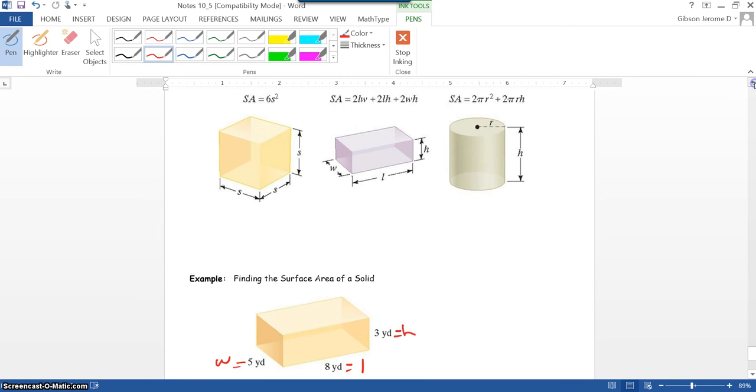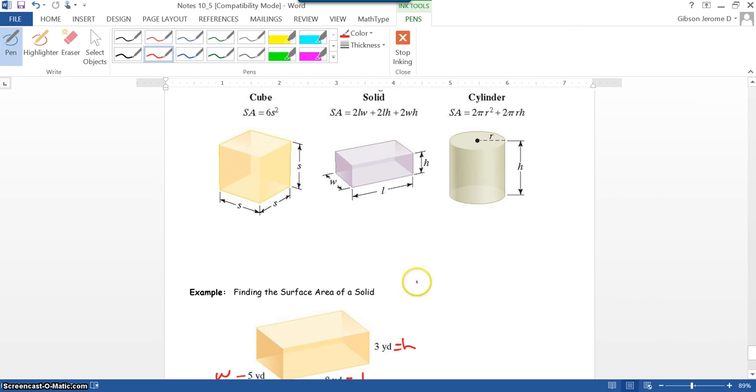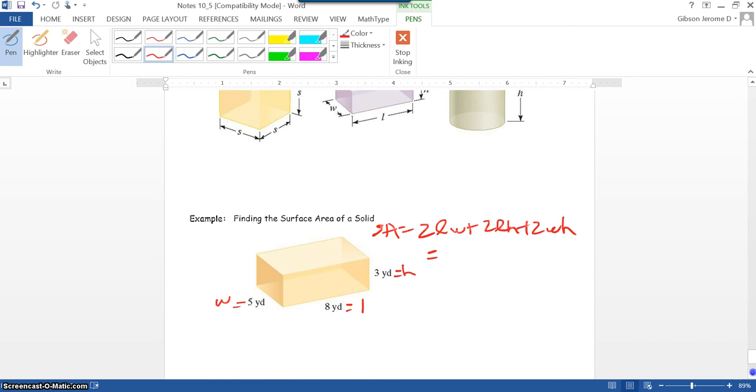Okay, as you see, the formula goes like this. Surface area is equal to 2 times the length times the width, plus 2 times the length times the height, plus 2 times the width times the height. So we need to substitute.